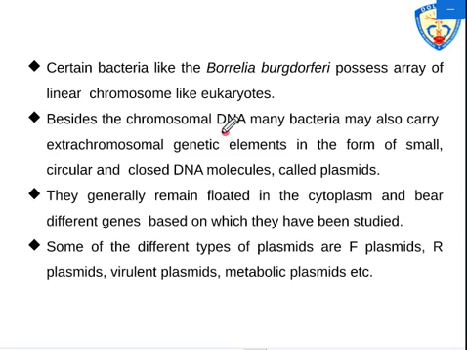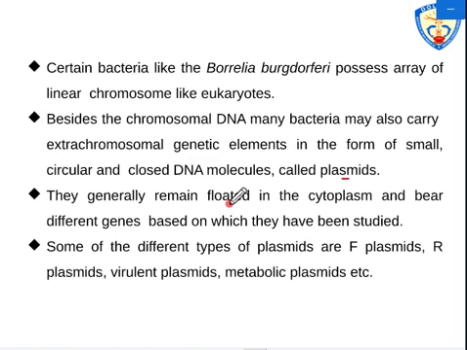Now, apart from the chromosomal DNA, bacteria also carry certain extrachromosomal small circular closed DNA molecules. These DNA molecules remain floating in the cytoplasm and are known as plasmids. These plasmids are not indispensable to the host, but they confer certain unique characteristics to the host in which they are present.